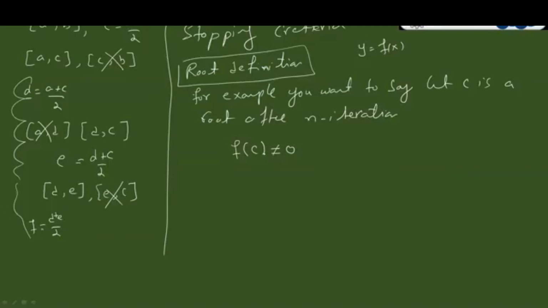The method guarantees that it can reach the exact answer as well, but you need many iterations. So how can we say which one is the definition? I am defining the stopping criteria like that. After performing n iterations, if I say that this is the root, then the absolute value of this quantity must be less than or equal to a certain tolerance amount given to us.